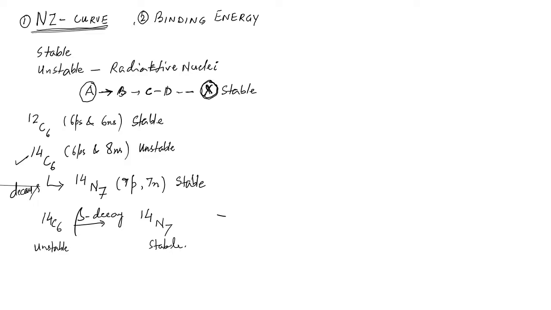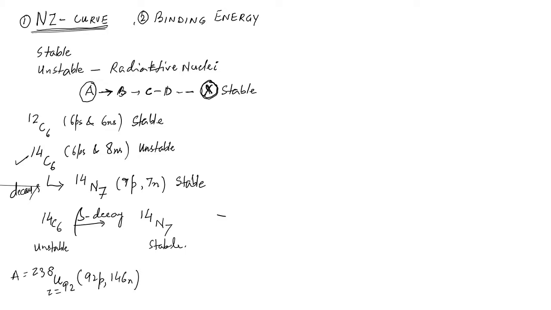Similarly, you know the uranium isotope, uranium-238 with 92 protons and 146 neutrons. This is my A and this is my Z, so A minus Z gives the number of neutrons.